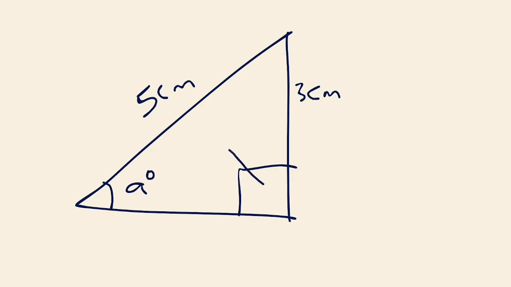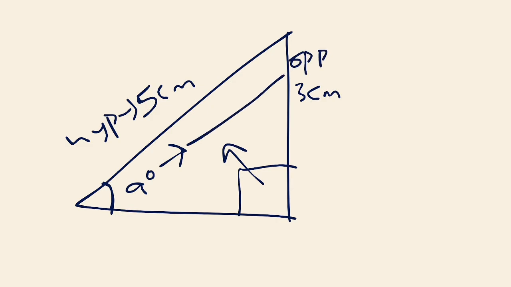This is your right angle, 90 degrees. The side facing it is your hypotenuse. Then this is your angle of interest. The side facing it is your opposite. Then the side that is next to your angle of interest is your adjacent.